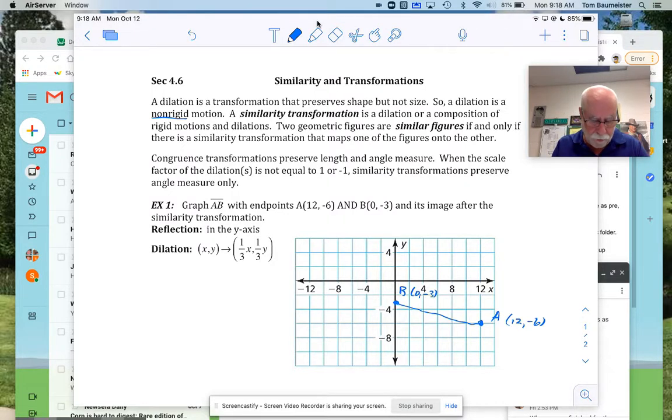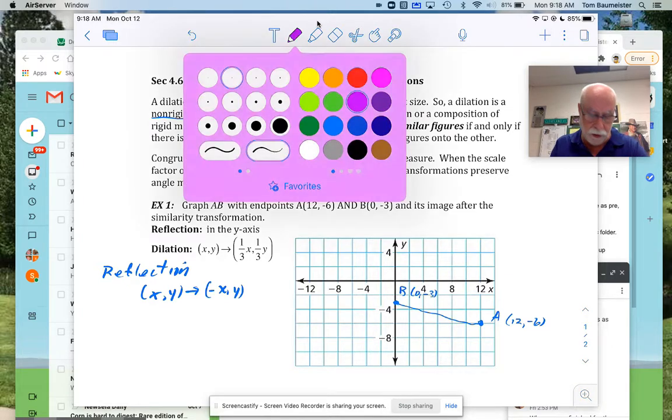So remember, a reflection in the y-axis will change the x-coordinate. So (x, y) will map to (-x, y). So if we think of it that way, let's see.